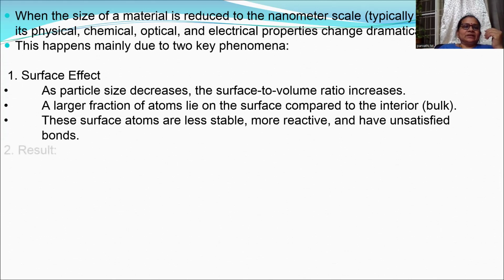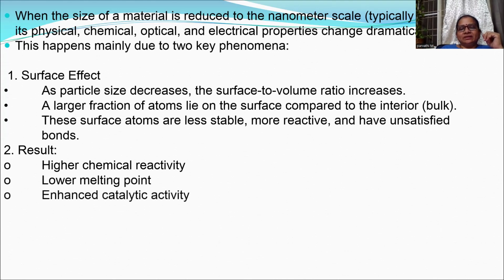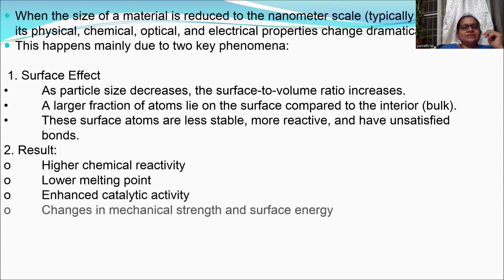They break easily. That is the surface effect at nano size. As a result, there is higher chemical reactivity, a tendency toward lower melting point, enhanced catalytic activity, and changes in mechanical strength and surface energy.